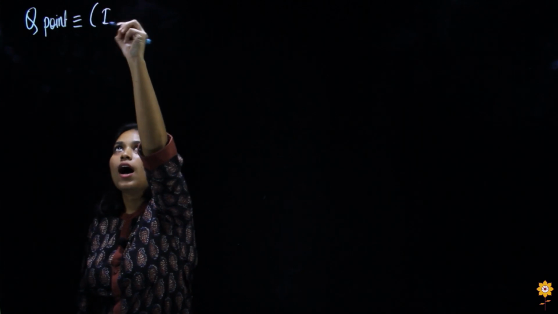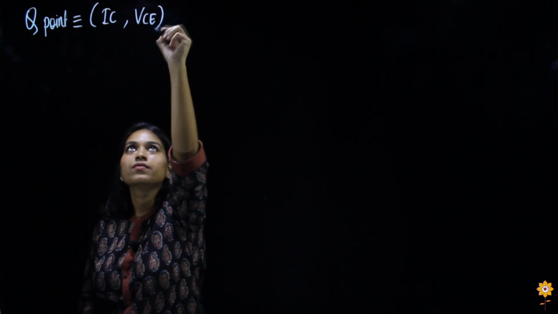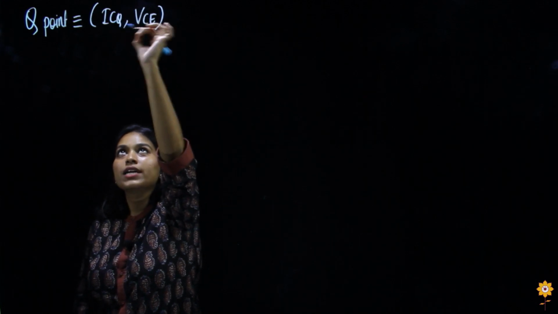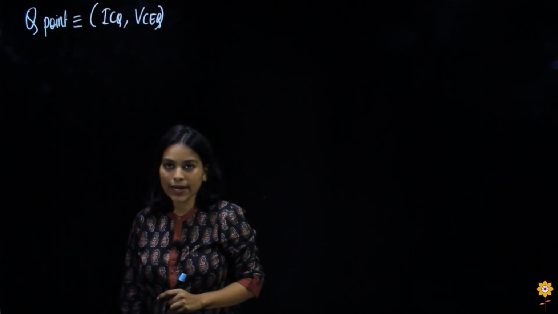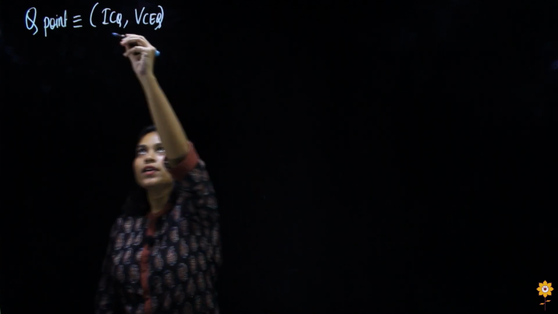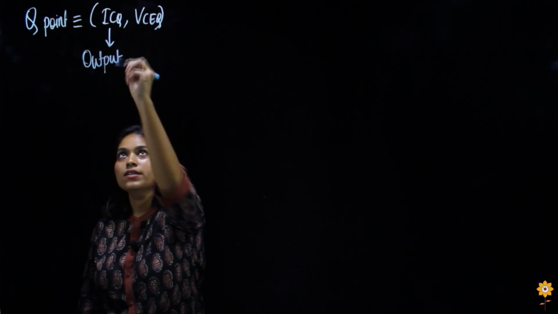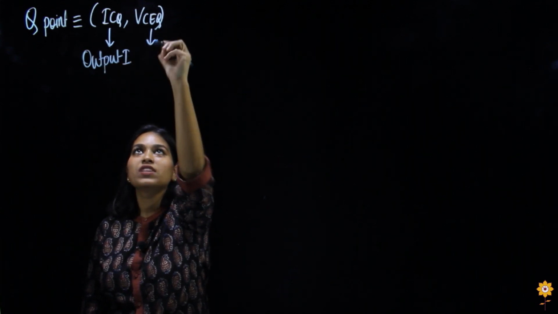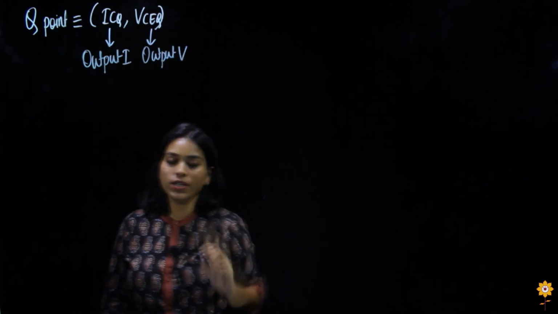They are IC and VCE. We will write a Q over here since it is related to the Q point or the operating point. Here IC is nothing but the output current and VCE is nothing but the output voltage.